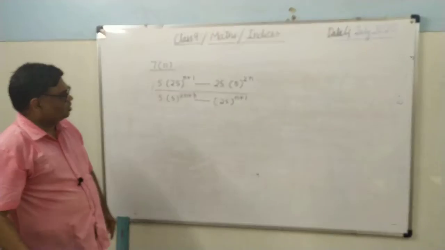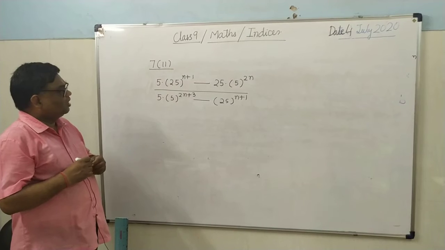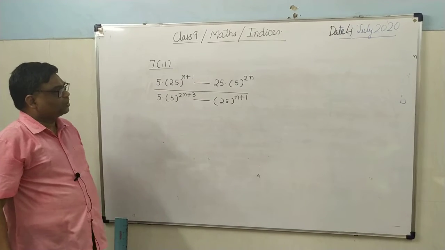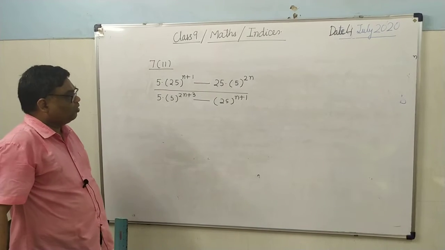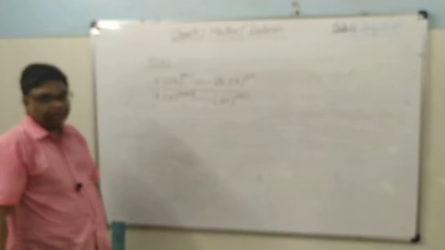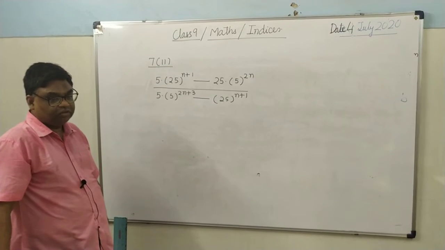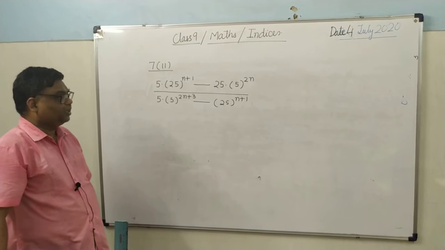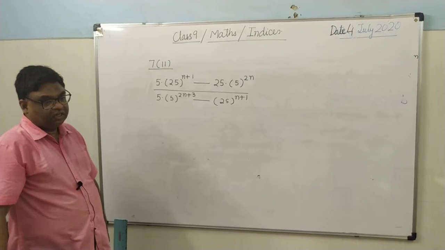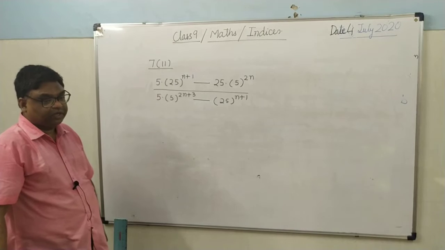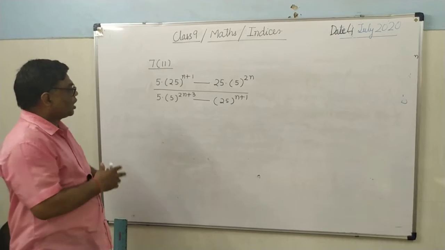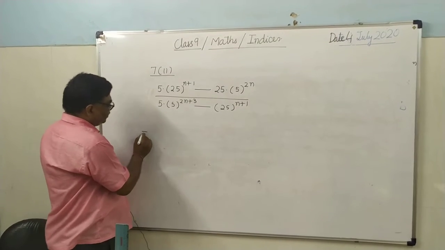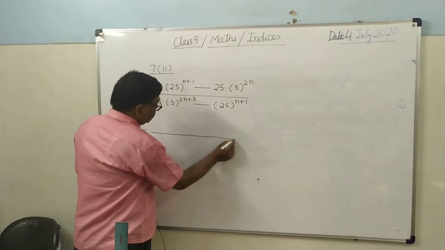So see here, you can see there are some terms which have the power of 5 and some terms which have the power of 25. And you also know that 25 can be written as 5 square. So what will you write here?